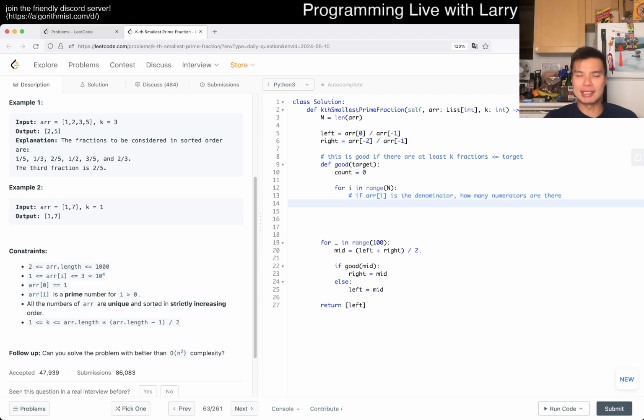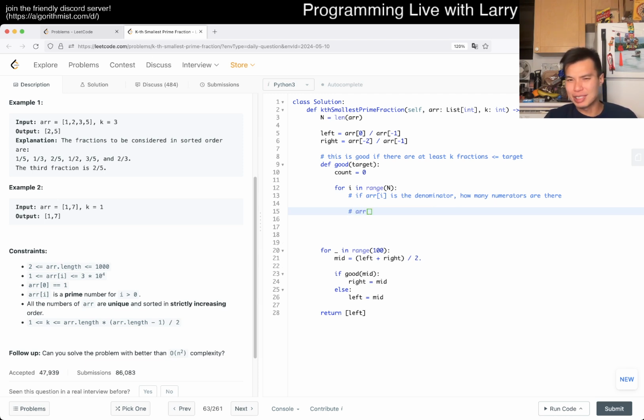And that's just a bisection thing. The idea is that you have some array, so your formula is going to be something like array of some prefix p over array sub i, where p is less than i.